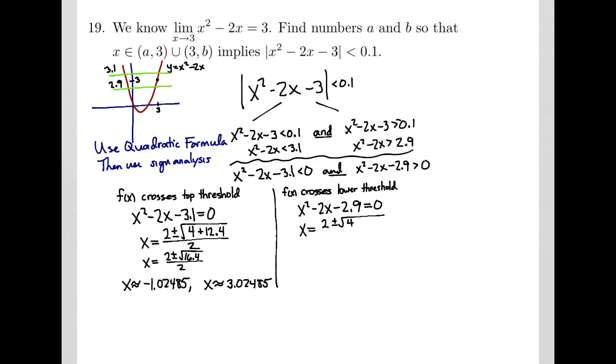This time it is going to be 11.6, so we add 11.6, all over 2a, and again I can use a calculator to find those values, which gives me x approximately negative 0.97484, or the second is x approximately 2.97484, I guess.